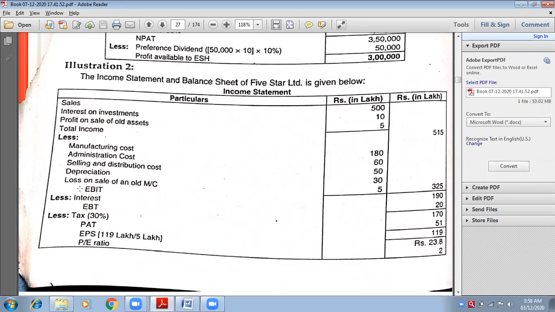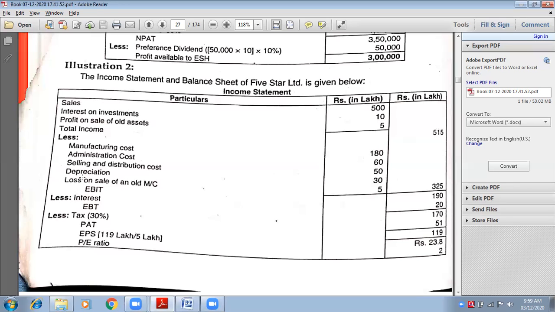Now, in EBIT, few things are added that I don't want, and few things are deducted that I don't want. So what do I need to do to take them out? I will do reverse.